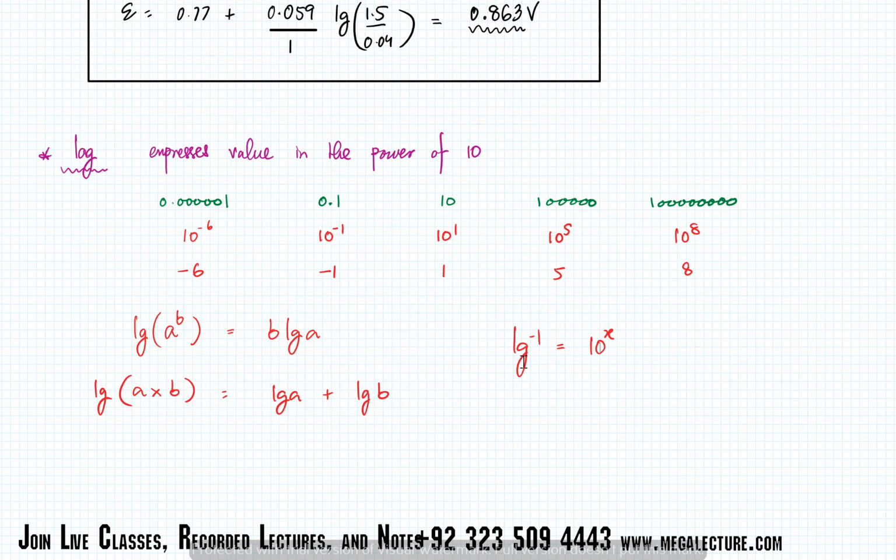So if you want to take the anti-log, that's just 10 power x, ठीक है? Whatever the number is, just take. तो इसका मतलब इसका inverse लोगे, so it's going to be 10 power minus 6. If this is the log and you want to take the inverse, it's 10 power 5. That's it. ठीक है?